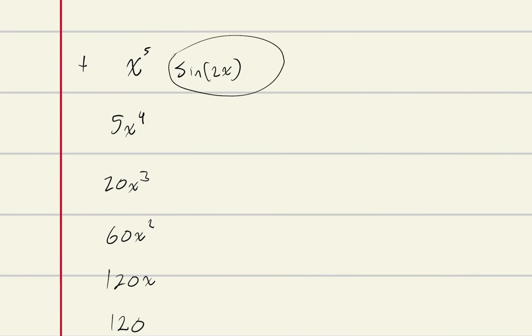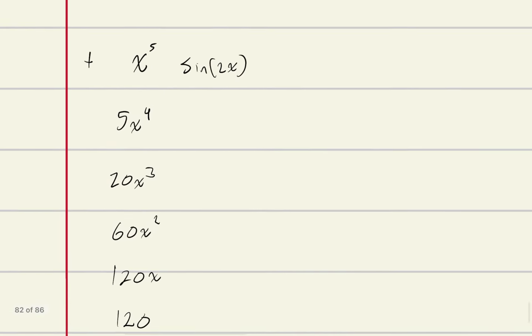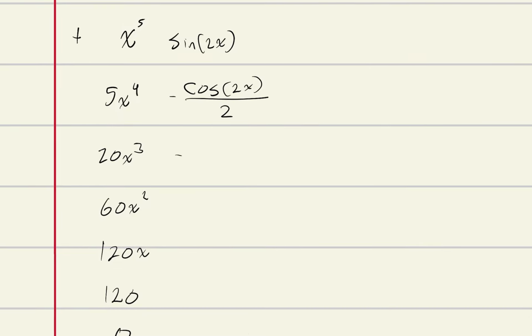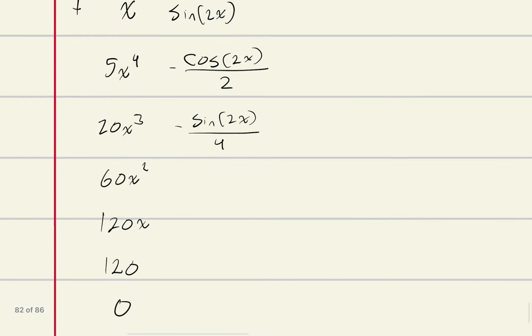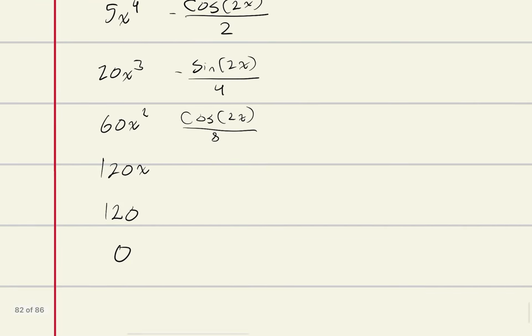Then we can take the antiderivative of sine of 2x until we reach the same position. So we'd get negative cosine of 2x over 2. Then we'd get negative sine of 2x over 4. And we get cosine of 2x over 8. Then we would get sine of 2x over 16.